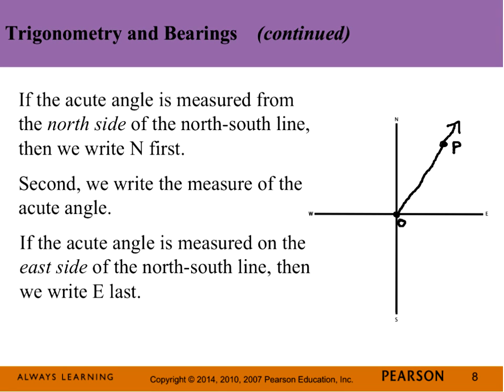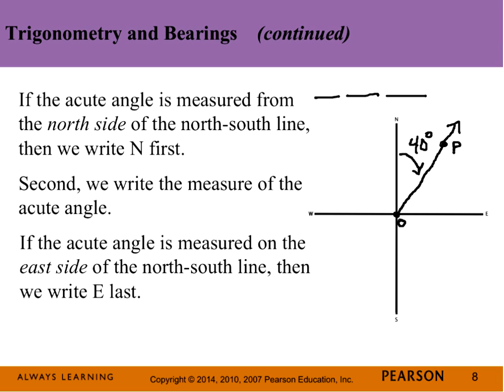So my angle would be measured from the north side of the north-south line, and we'll say that's 40 degrees. So you're going to have three indications for your bearings. The first is what side of the north-south line is the ray being measured from.